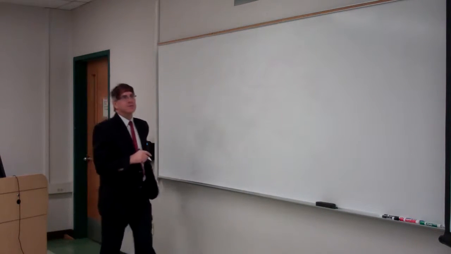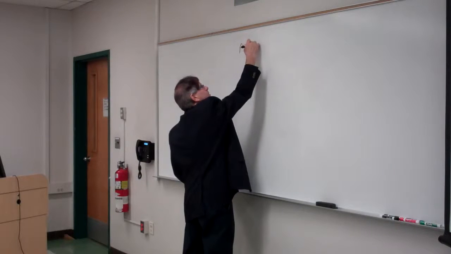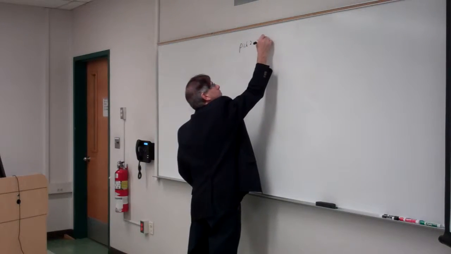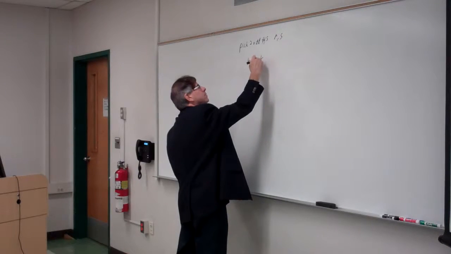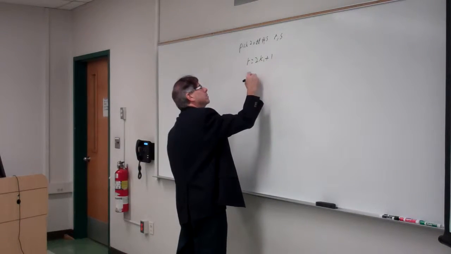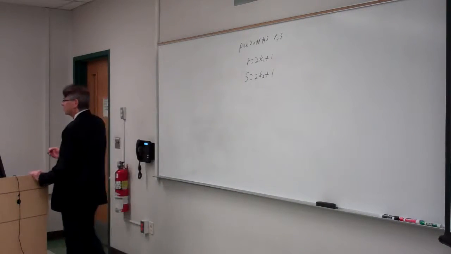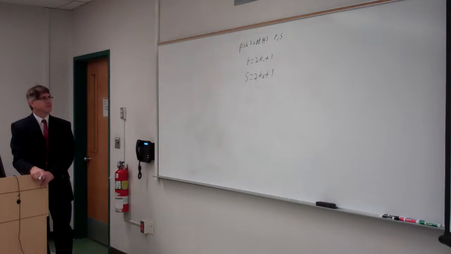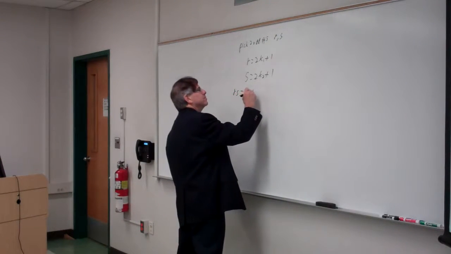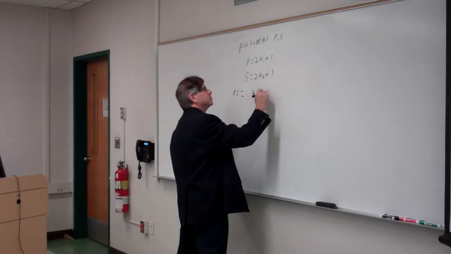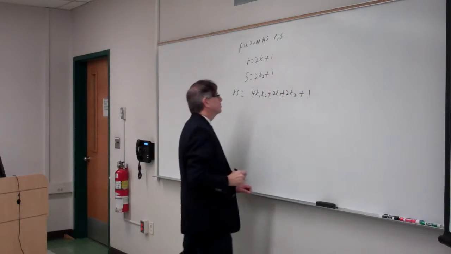So here's a way to do this. Pick 2 odd numbers, and I'll call them R and S. So we know we can write R as 2 times something plus 1. We can write S as 2 times something plus 1. And so RS equals 4k1k2 plus 2k1 plus 2k2 plus 1.